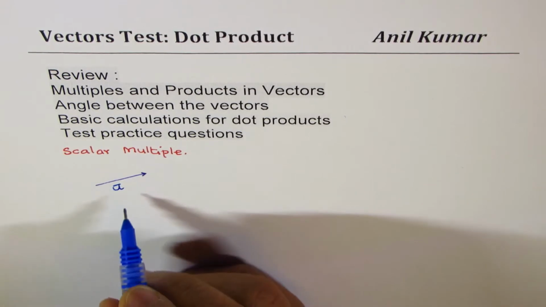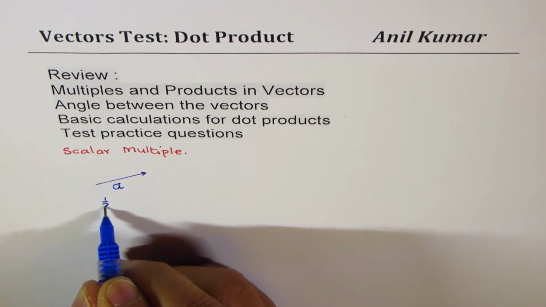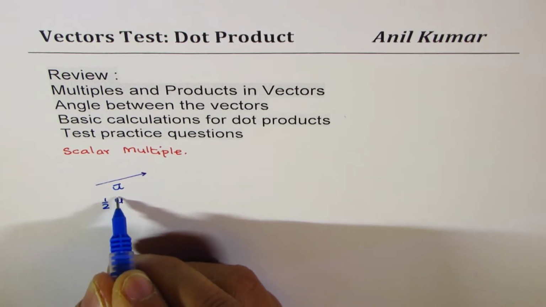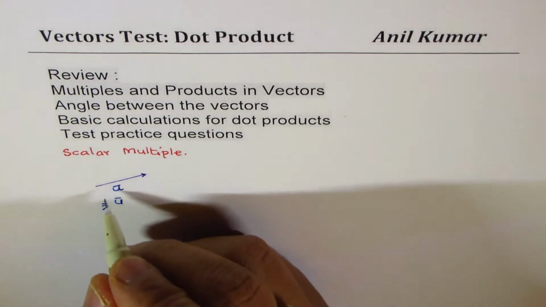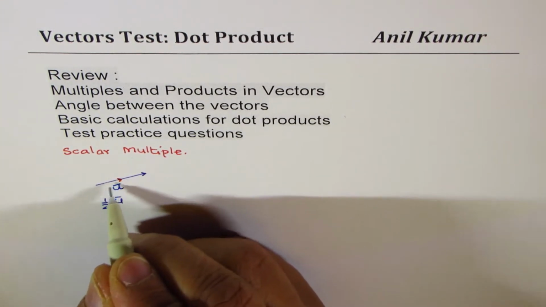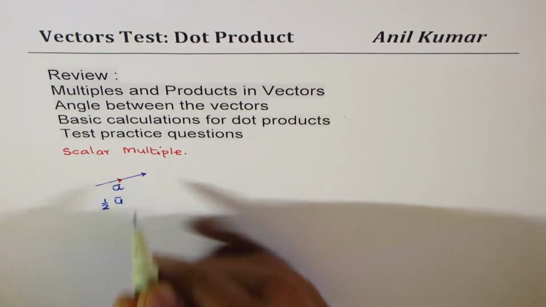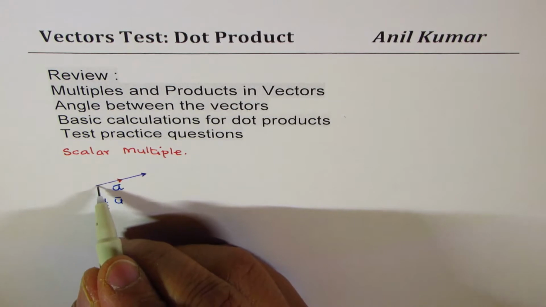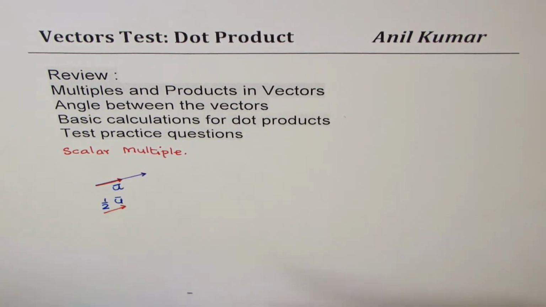If I want to find half of u, now this number half is a scalar, right? If I multiply, we get a vector which is just half the length. So the magnitude becomes half the magnitude of the vector. Direction remains the same. So that's the vector half u for us.